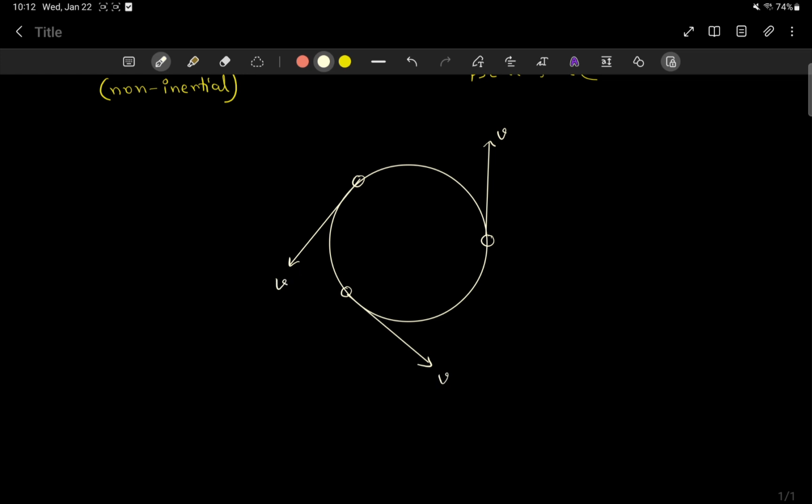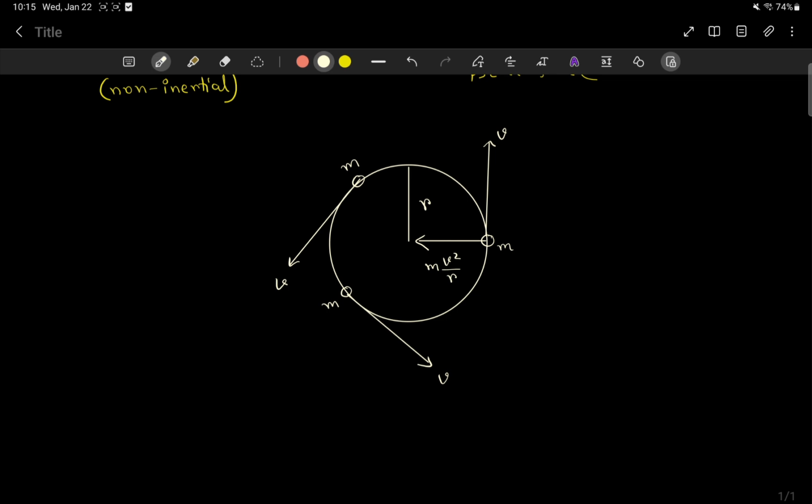I have already shown you in another video that when you are moving in a circular path with a fixed speed, you need a force directed toward the center, with magnitude m v squared divided by r, where r is the radius of the trajectory and m is the mass of the object.